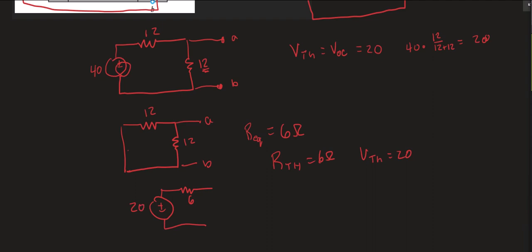If we wanted our Norton equivalent circuit, use V equals IR, I equals V over R equals 20 over 6, which is about 3.3. And the Norton equivalent circuit would look like this.